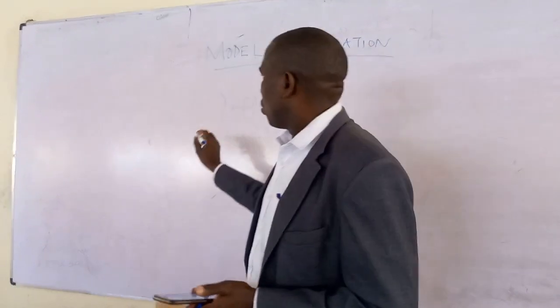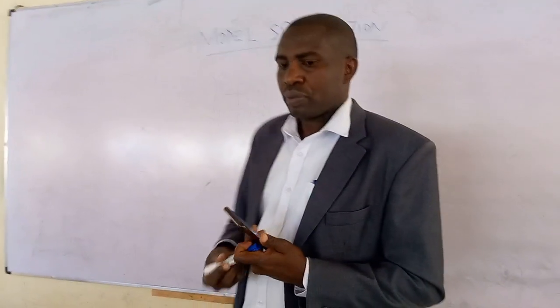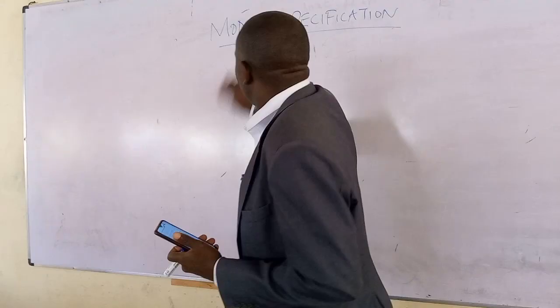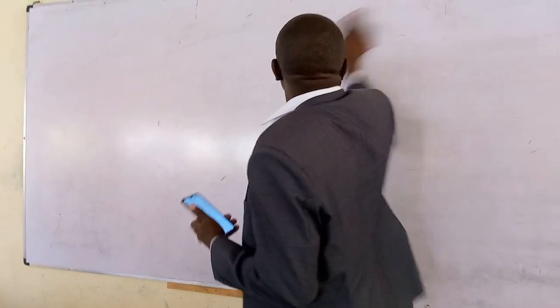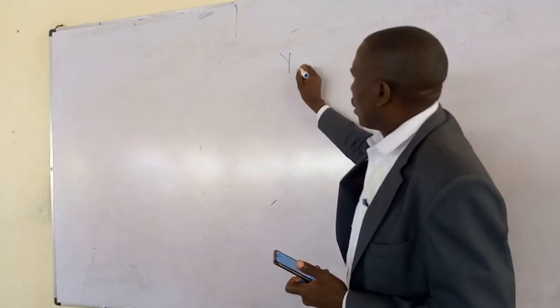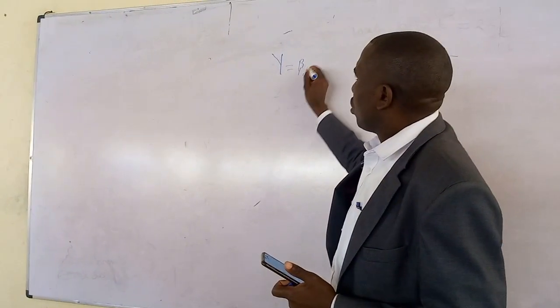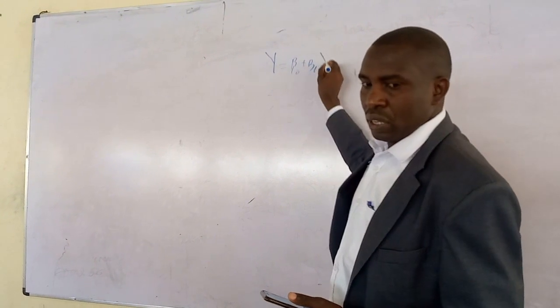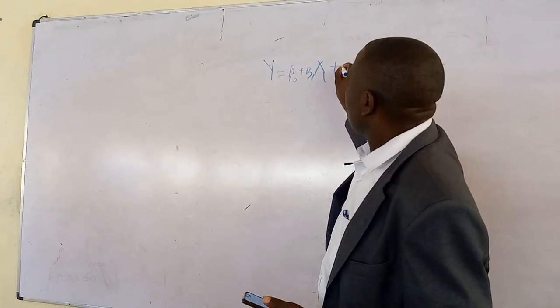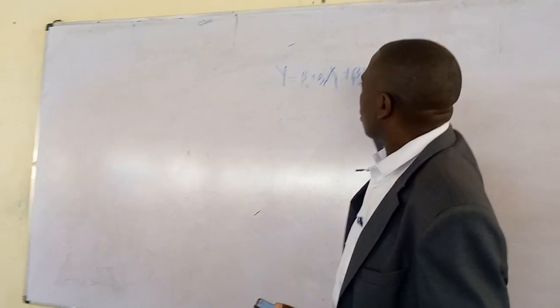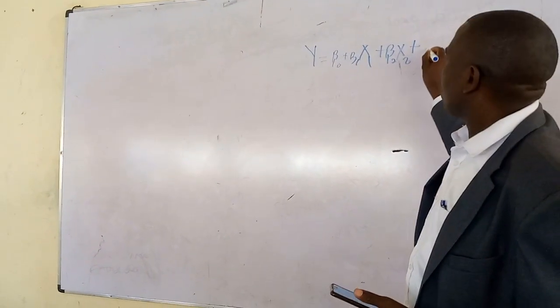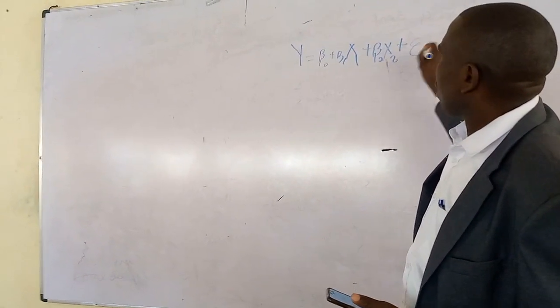So, for example, this is the right model: y equals beta naught plus beta 1 x1, plus beta 2 x2, plus the error term. This is the correct model.